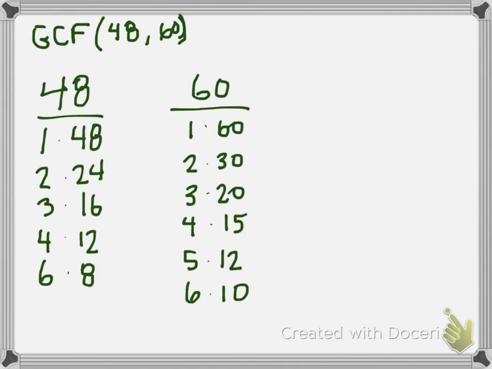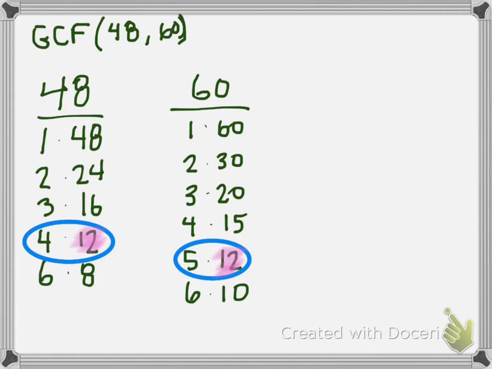And the problem with this particular GCF problem is if you forget that 4 times 12 is 48 or 5 times 12 is 60, you're not going to get the right GCF. In other words, you can see here that the greatest common factor is 12.